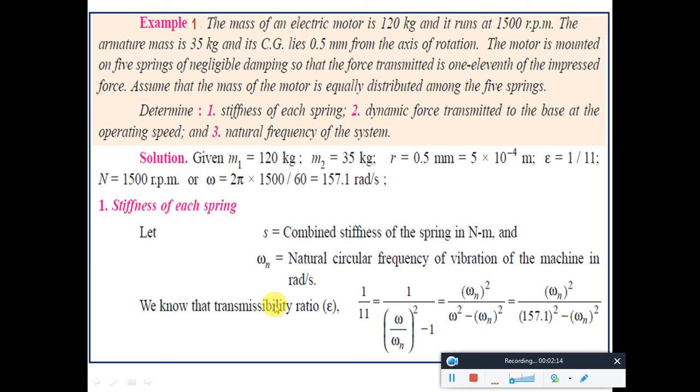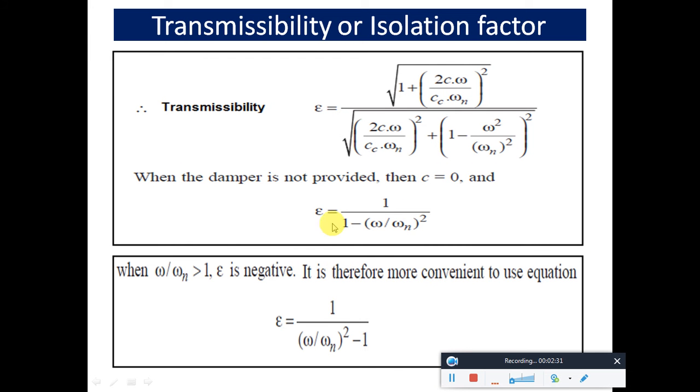And since we were given the transmissibility ratio, here the transmissibility ratio epsilon is equal to 1 by (omega by omega n) whole square minus 1. See here, why are we taking this formula? Because we don't have the damping factor. So that is what we have seen here. If the ratio is greater than 1, we can adopt the second one.